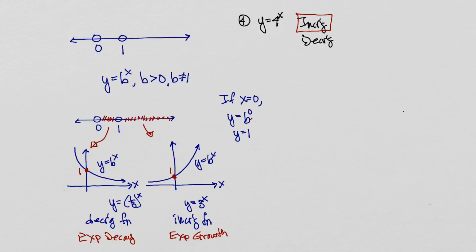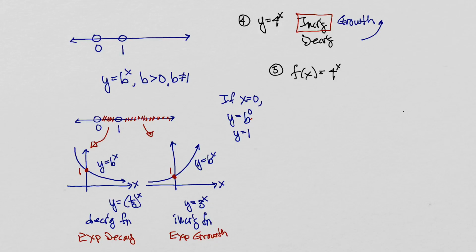So if it's decreasing, it's called decay. If it's increasing, it's called growth. So this function up here in number 4, it's increasing. It's going to have a graph that looks like this, and it's going to be called a growth function.